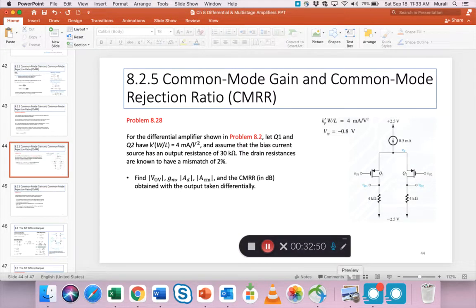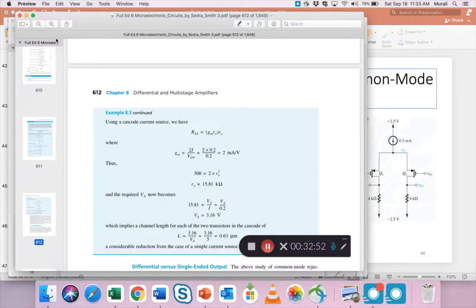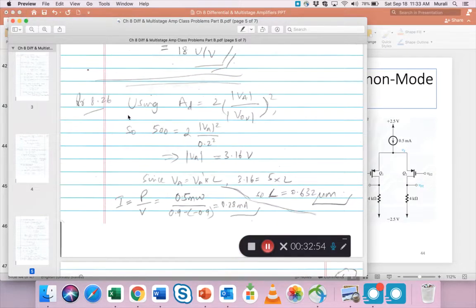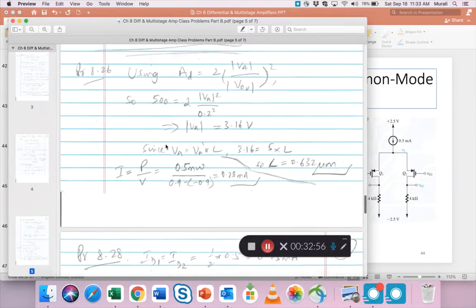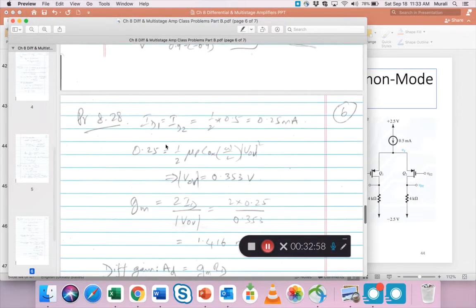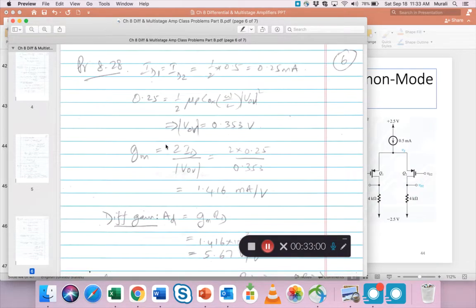Okay. All right. So let's look at 8.28. Yeah, here it is. The currents in the drains will be half of the source current, so 0.25.